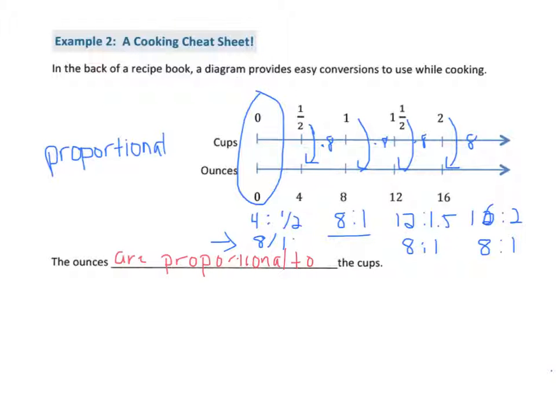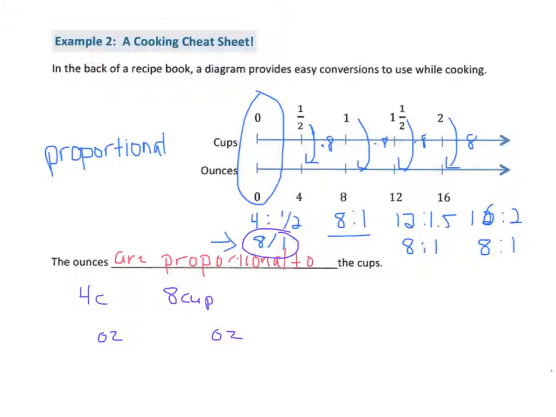Now that we've determined it's proportional, let's say I cook for a very large family and this chart is not enough for me. I want to see how many ounces are in 4 cups or 8 cups. What would we do to figure out the number of ounces? Well, now we know that the rate is 8.